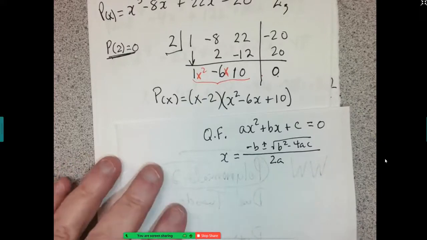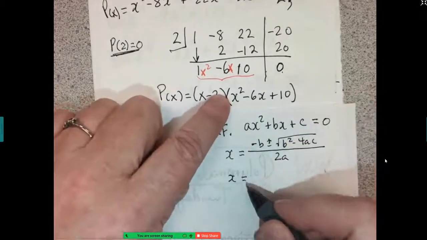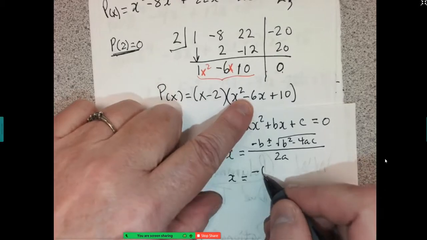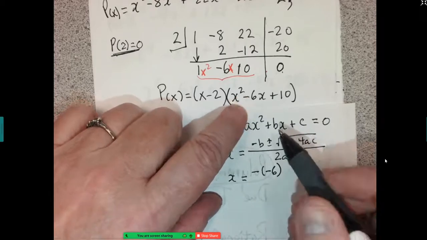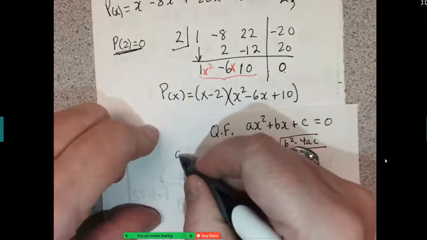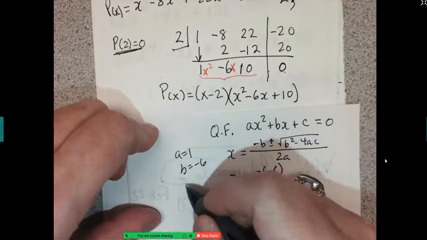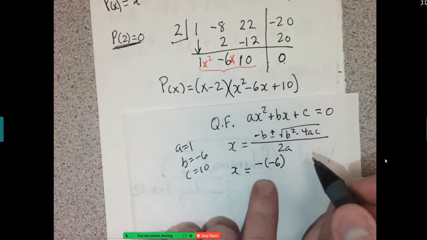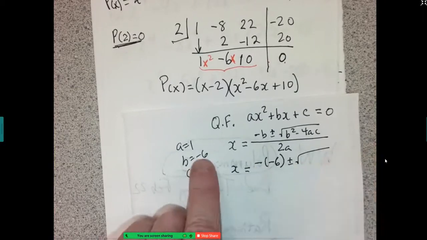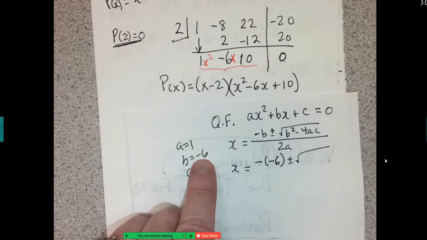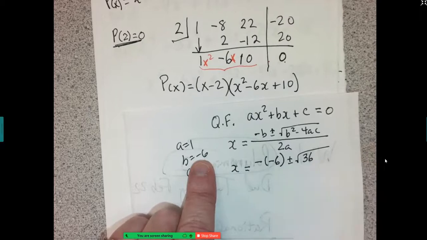So for this one, my zeros are going to be negative b, so the negative of -6, because a is 1 for this problem, b is -6, and c is 10. So we'll have negative b plus or minus the square root of b squared. -6 all squared is positive 36, not negative 36.